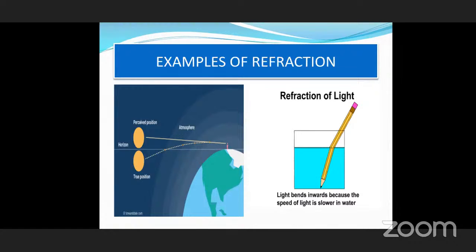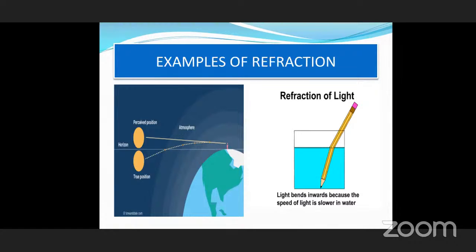Here, why are we seeing the sun before its true position? While calculating the refractive index of air with respect to vacuum, we have to consider that light comes from the sun, through vacuum, to the atmosphere or air.